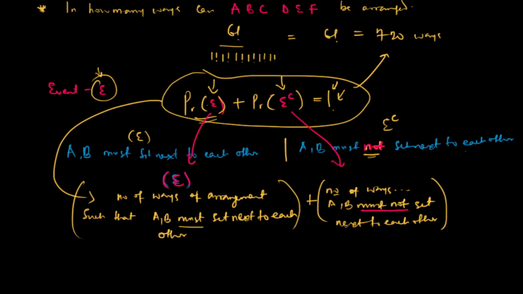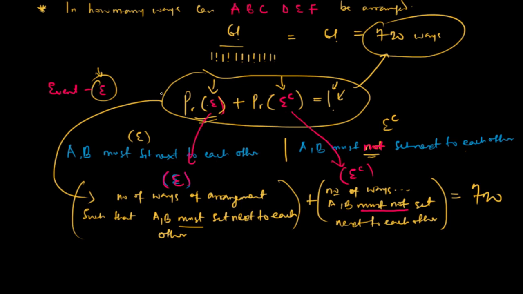So this is for must sit, then this is the complement, that is E complement. Then this is just going to be equal to, so we said our 1, this is when there are restrictions. Then our 1 is going to be the number of ways such that there are no restrictions. So this is going to give us 720.